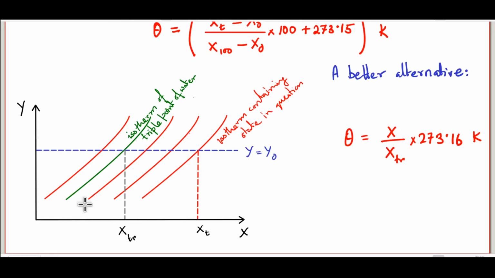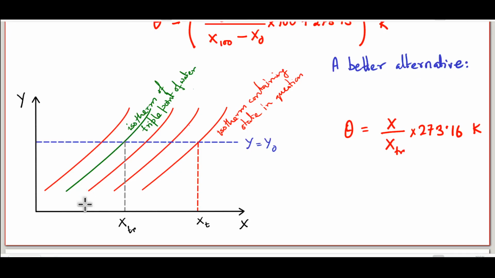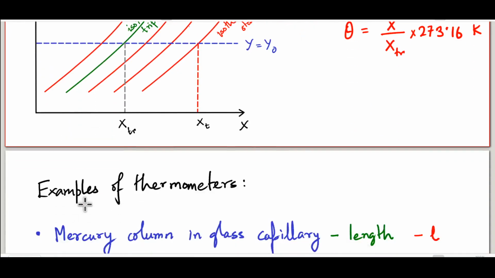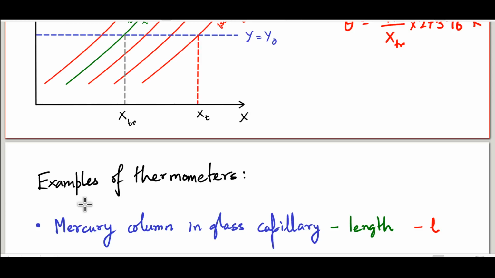Our first example of a thermometer is one that is bound to be familiar to most of you. I would have said all of you, except that in very recent days its usage has been reduced a bit. So some of the younger viewers may not have seen this. But almost all Indian kids have had this stuck in some part of their anatomy at some time or the other to measure their fever.